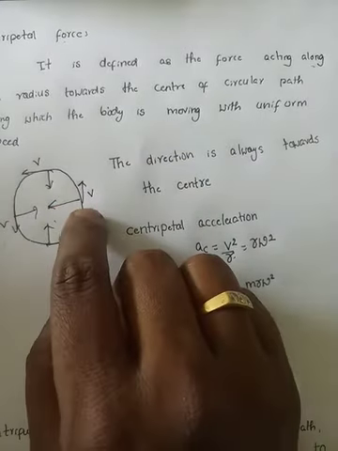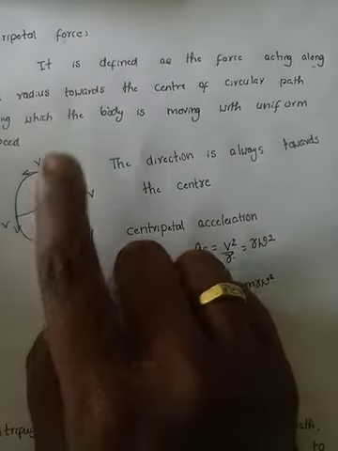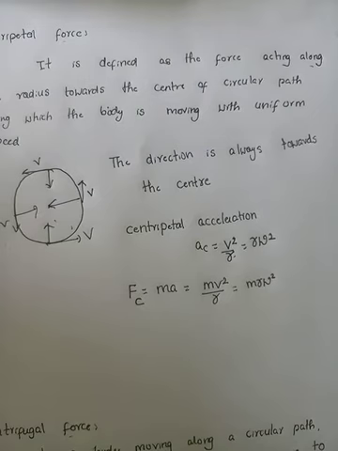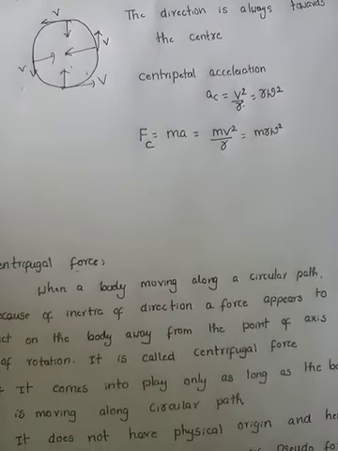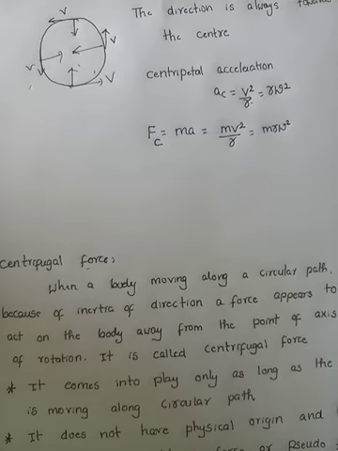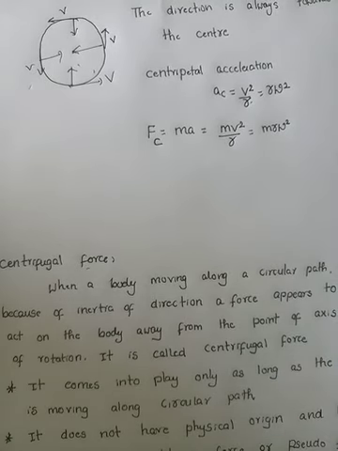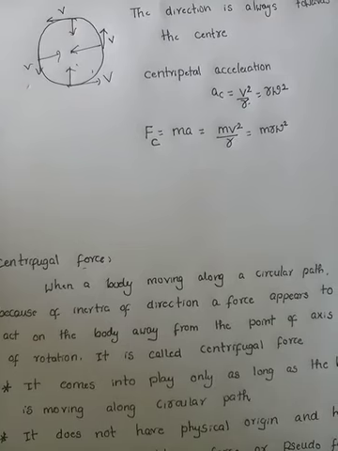Now, as already learned, for every action there is an equal and opposite reaction. If a particle is moving and a force is acting toward the center, that is the centripetal force. According to Newton's third law, there should be an equal and opposite force, right? That force we call centrifugal force. When a body moves in a circular path, because of inertia of direction, a force appears to act on the body away from the center.